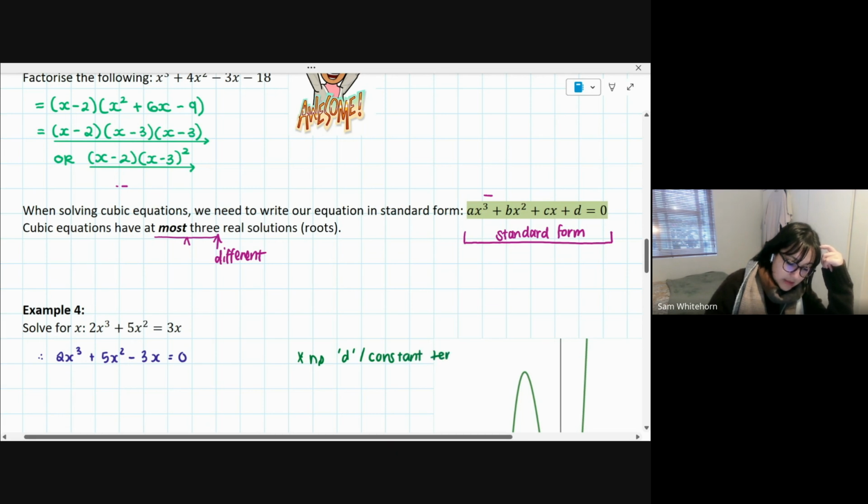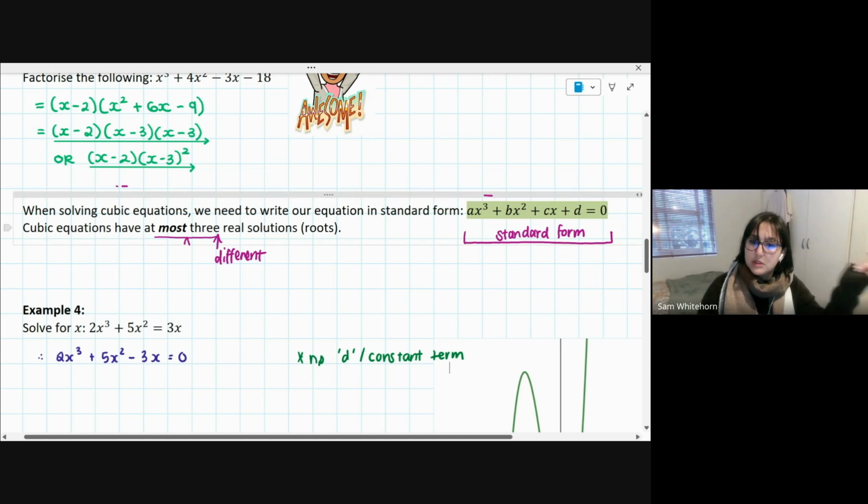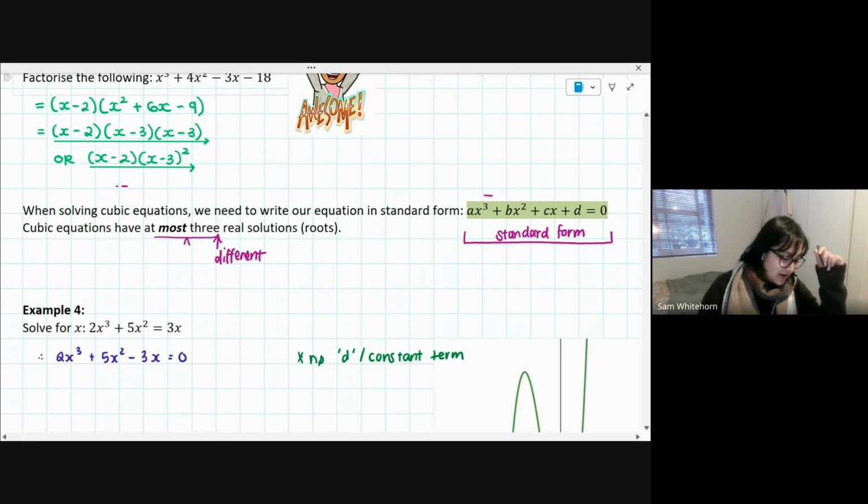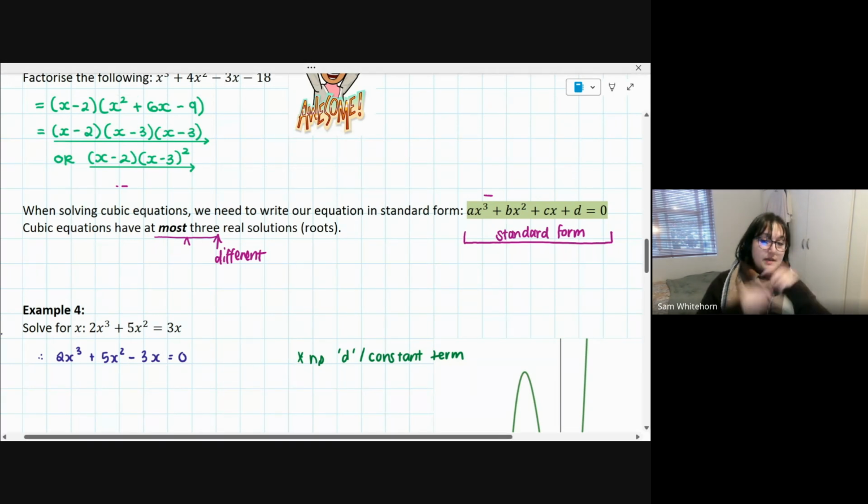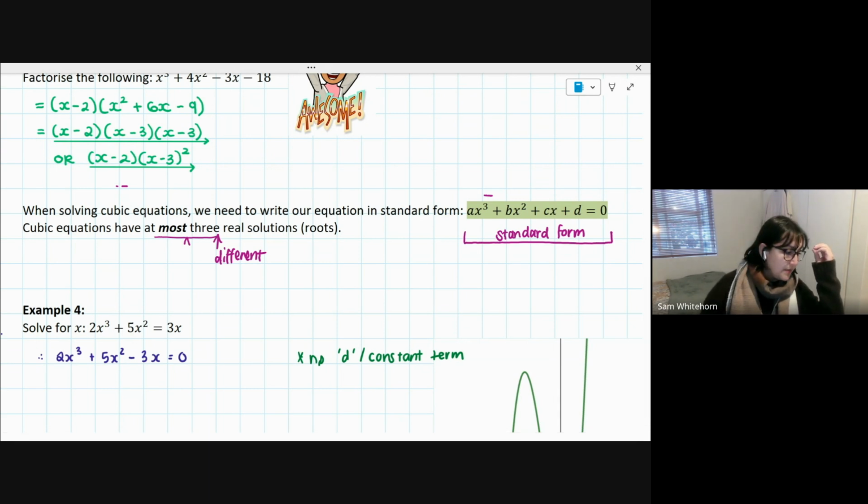And that is going to need to feature in our thought process as we now factorize this cubic equation. Alrighty, so first things first, we follow our steps, same as always. Find a factor. Again, you just sub in and you're going to find a factor.